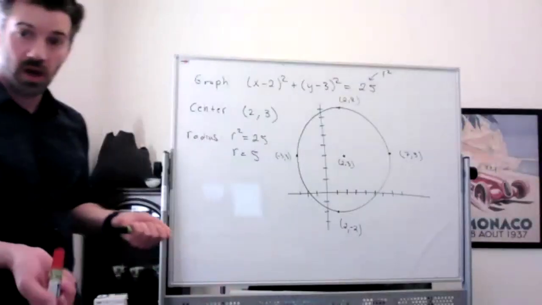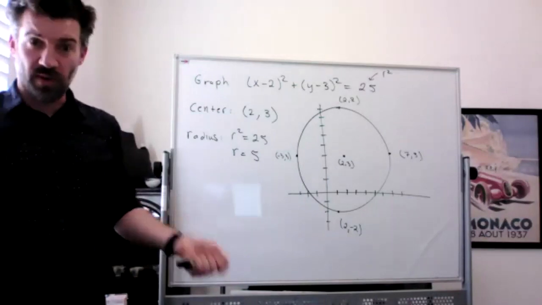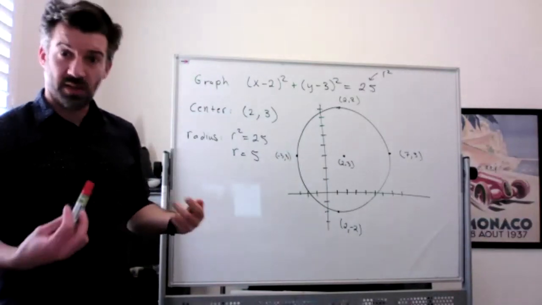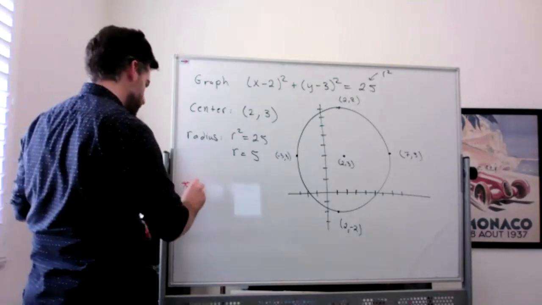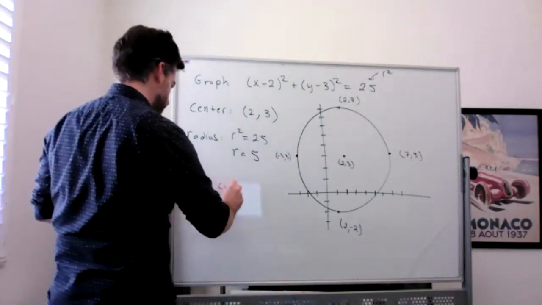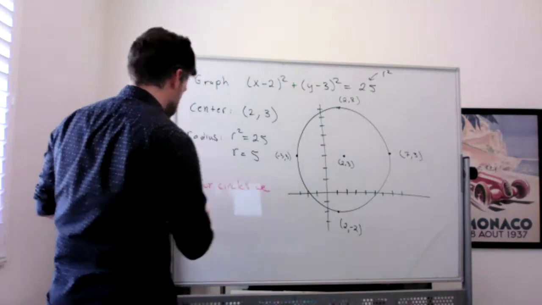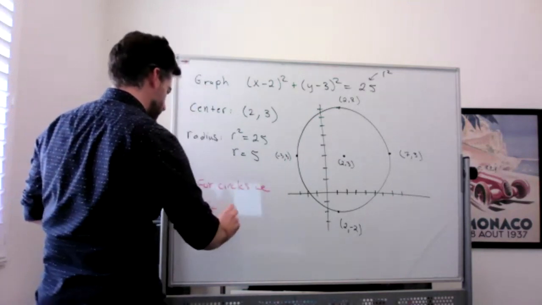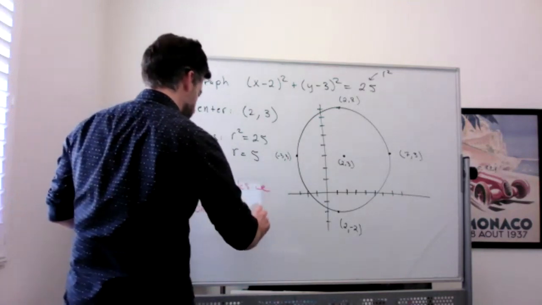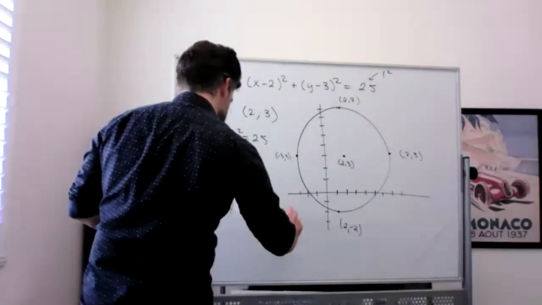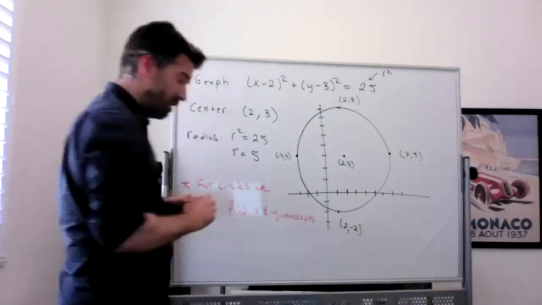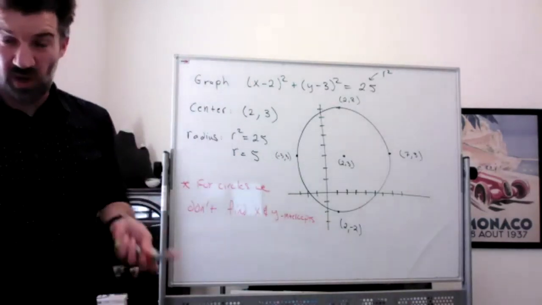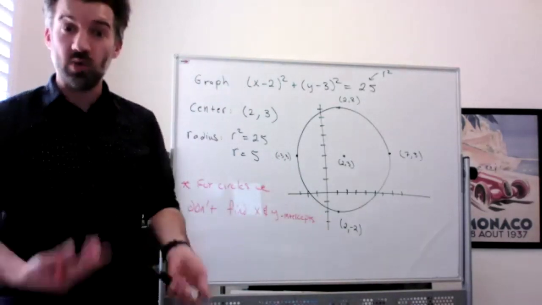One thing you should know, and this is kind of a rarity when it comes to things I have you graph, is that for circles, we don't worry about finding the intercepts. We certainly could find them if we wanted to, and we would find them in the usual way.